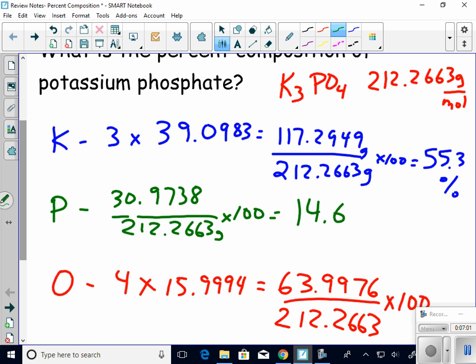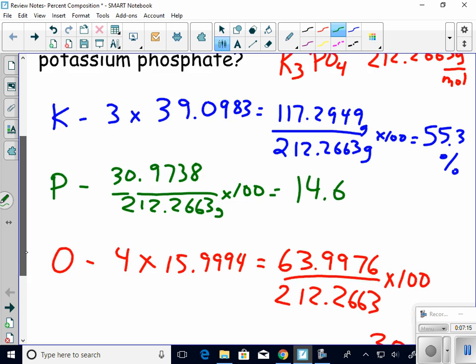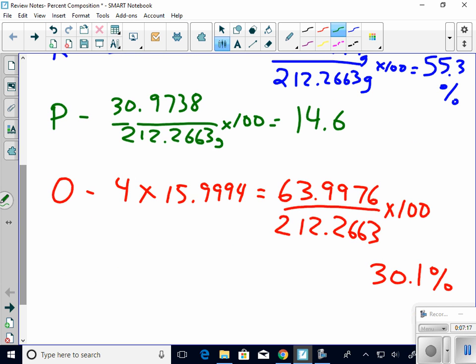Now, when I go through, how do I check this, folks? I see if they add up to be 100. So 55.3 plus 14.6 plus 30.1 gives me 100 on the nose.